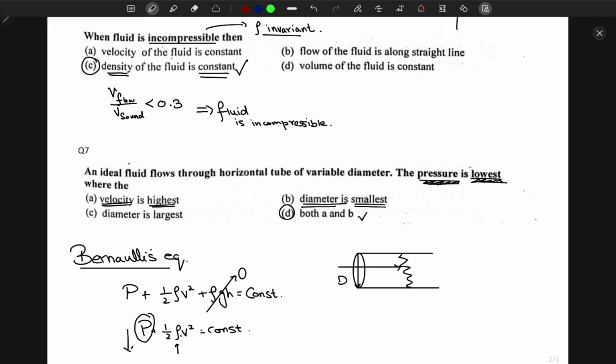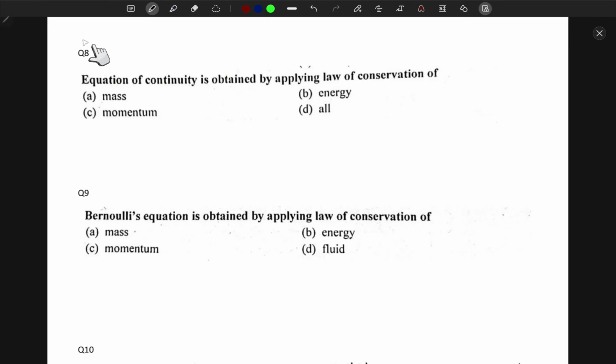Right. So next question, we have question 8, right? And it says the equation of continuity is obtained by applying the law of conservation to what? Law of conservation of what? So for the equation of continuity, we have mass, energy, momentum, or all.